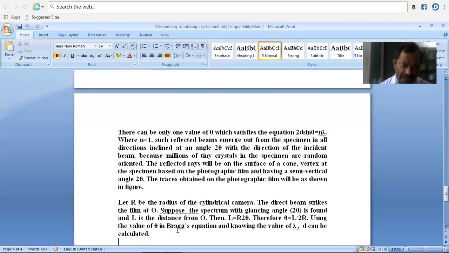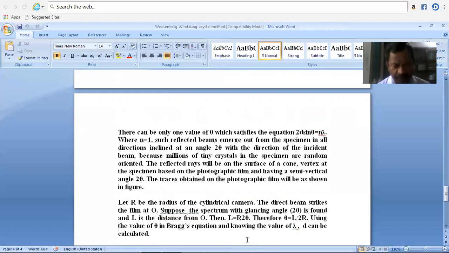Bragg's equation is 2d sin theta equals n lambda. Knowing these values, theta and lambda, we can calculate the d value, the distance between the two planes.